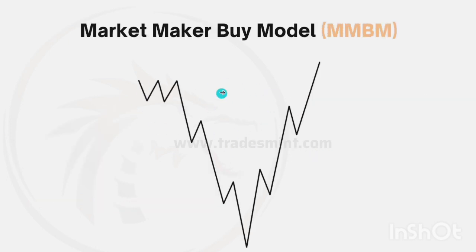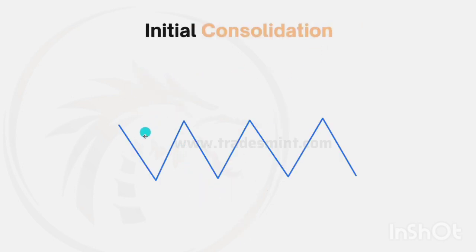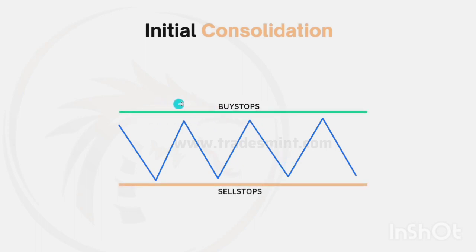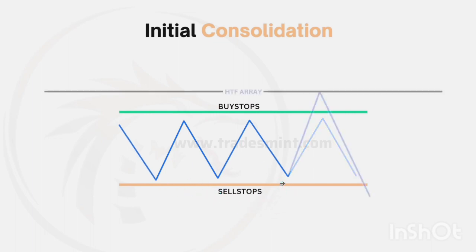So if we reverse this for the market maker buy model, where we have the initial consolidation here circled in red, the algorithm will reprice lower just to go back higher above the initial consolidation. Again, we start with the initial consolidation, where price is being held inside of a range in order for us to build liquidity above the market in the form of buy stops and below the market in the form of sell stops.